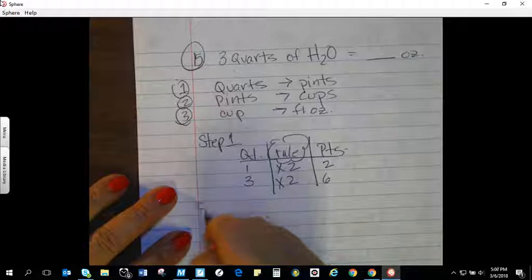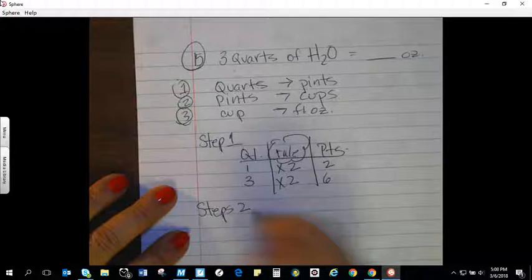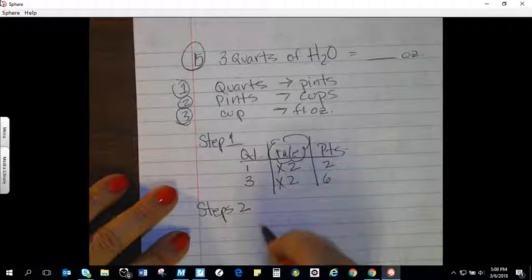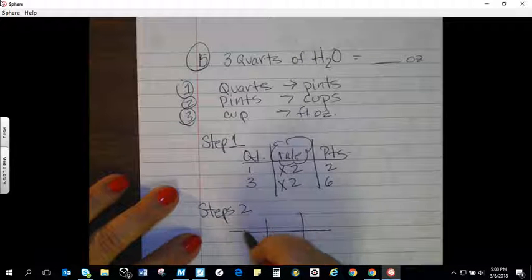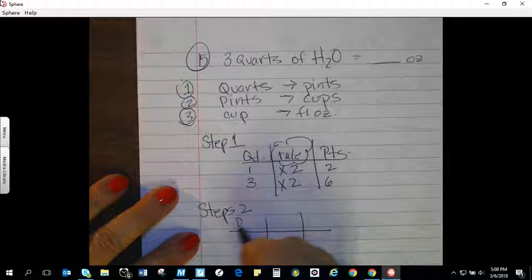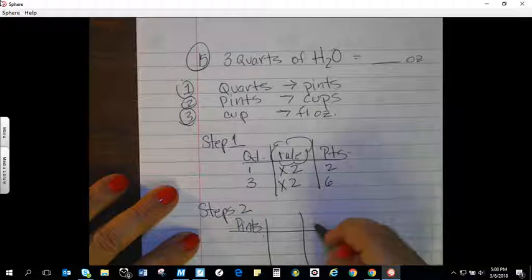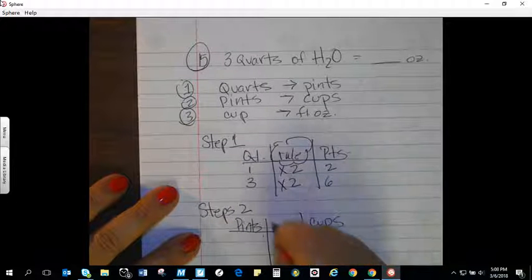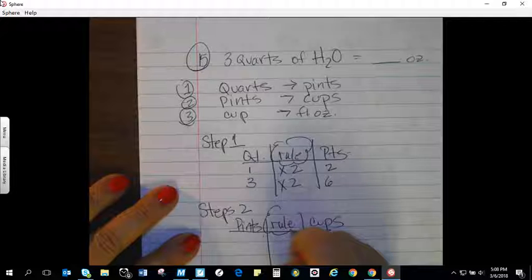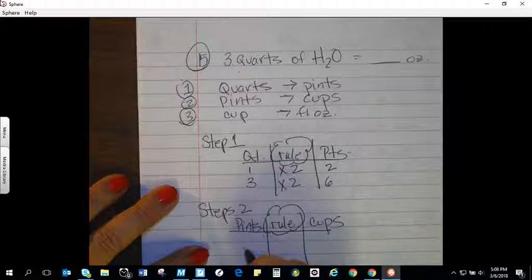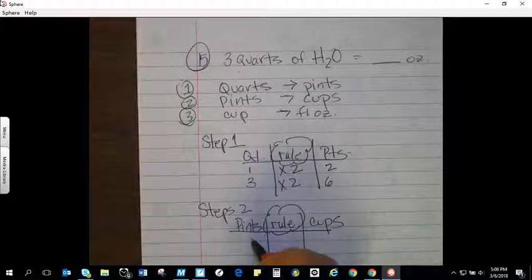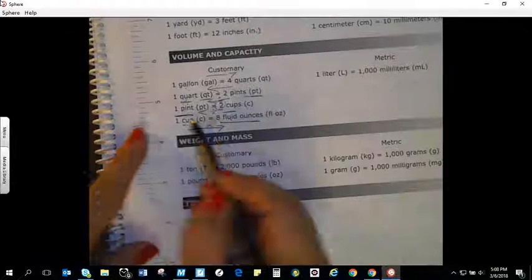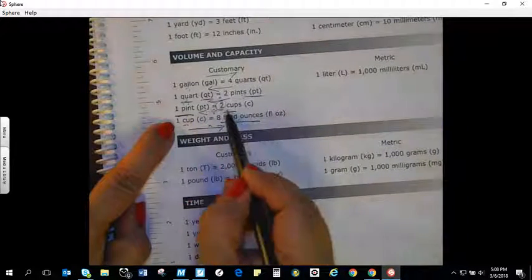Step 2, I need to convert pints to cups. So I'm going pints to cups. And my rule. For every 1 pint, and I'm going to look here, for every 1 pint, it's 2 cups.